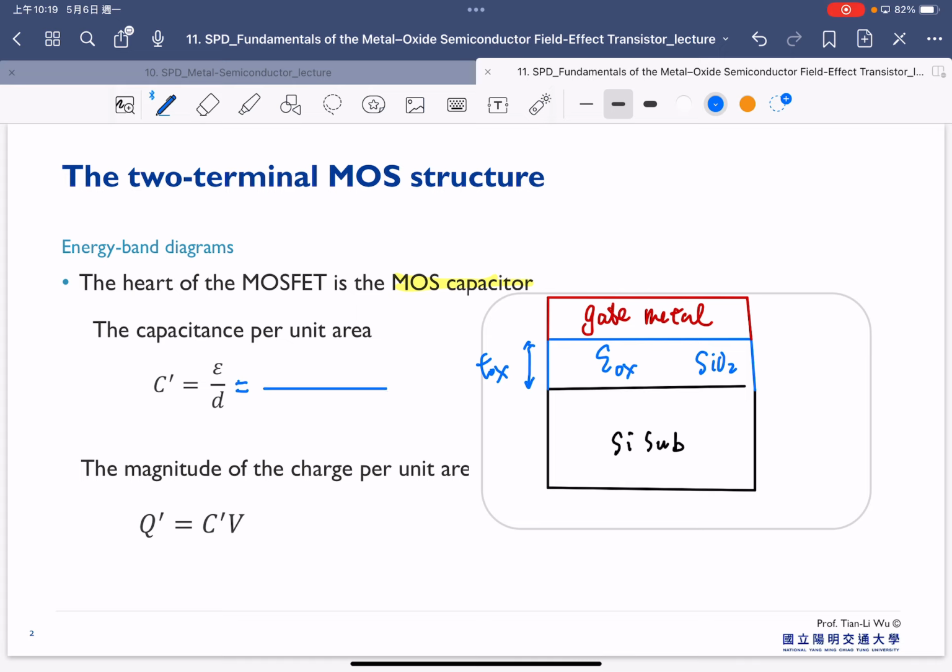The D is a distance, which for sure is Tox here, and the top one is our dielectric constant related to the SiO2 here. So that's a simple equation for the capacitance in the MOS cap.